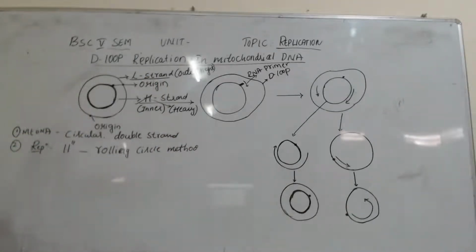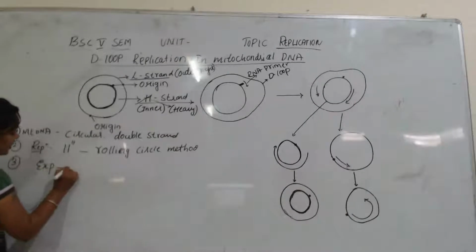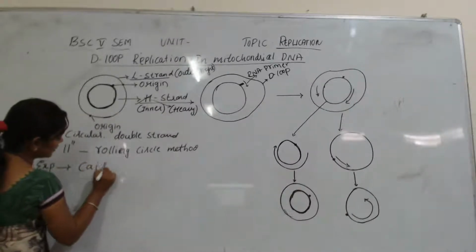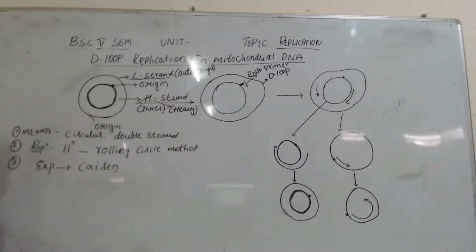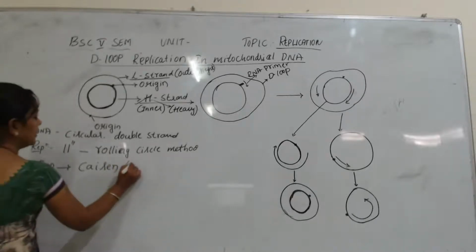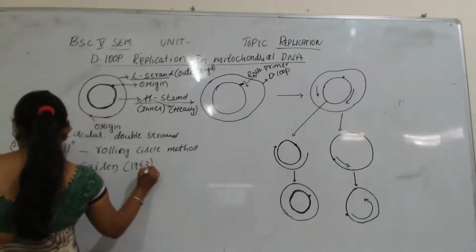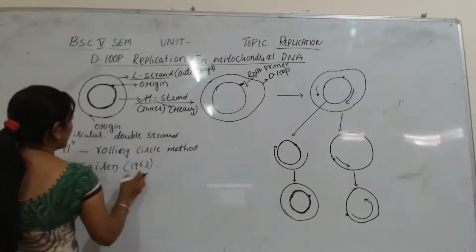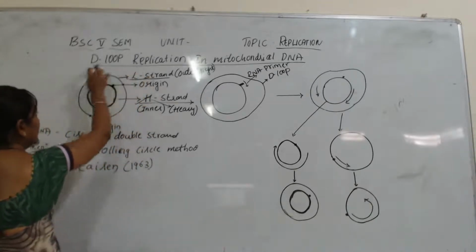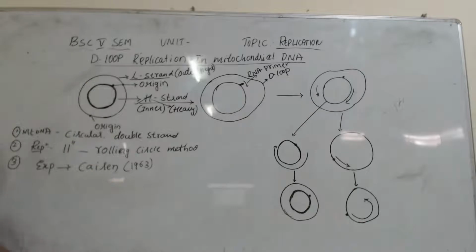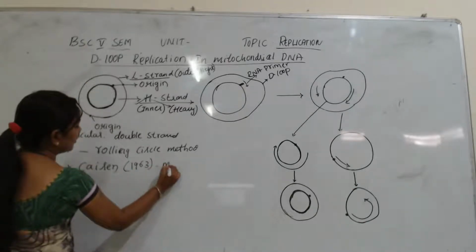This method was explained by a scientist called Kyrie. Kyrie explained this circular replication in 1963. Hence it is called Kyrie's model or D loop replication also.